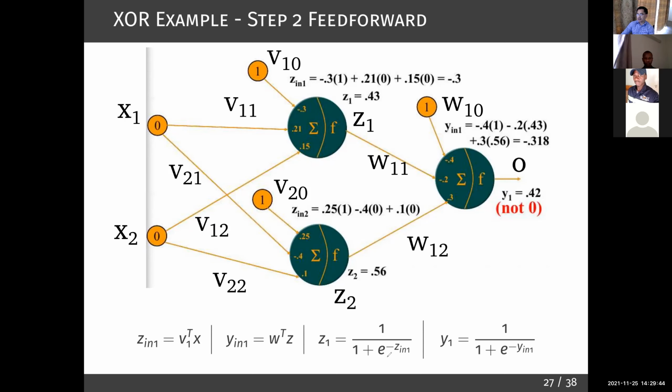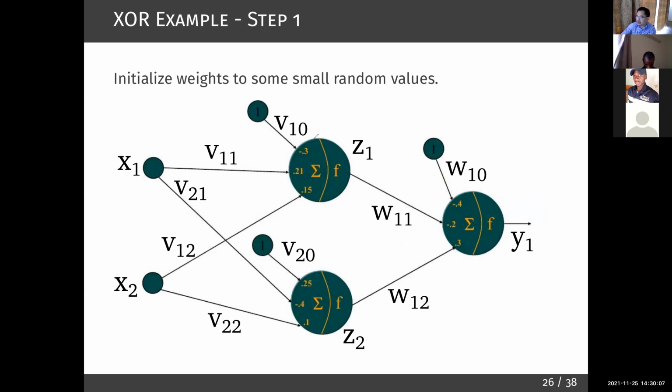What is the value of your Zin1? We initialize our V randomly, with values like 0.3 and 0.20.